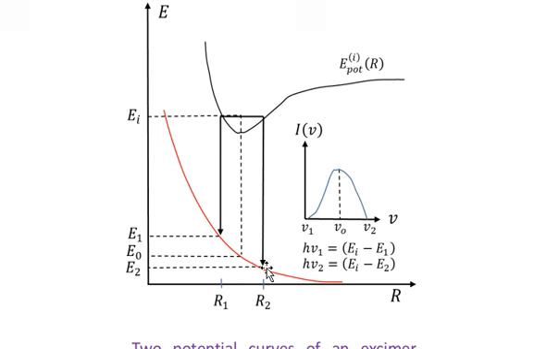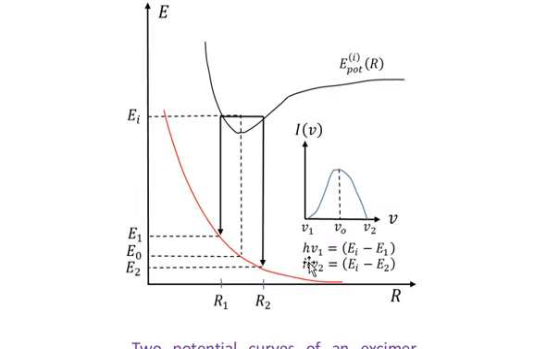So nu 2 is greater in frequency than nu naught, which is the central one, and nu naught is greater in frequency than nu 1, which is on the left hand side. So a band of radiation from nu 1 to nu 2 will appear, which peaks at a value of nu naught. This is a roughly Gaussian type curve, with the intensity I of nu on the vertical axis and nu on the horizontal axis.